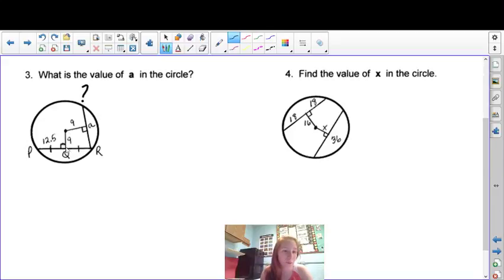And I see that they're both 9 units from the center. So because they are equidistant, or the same value from the center, they're the same length. So since RP is 25, A is 25.